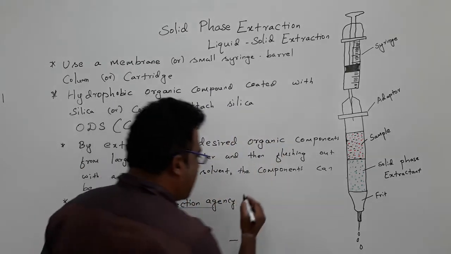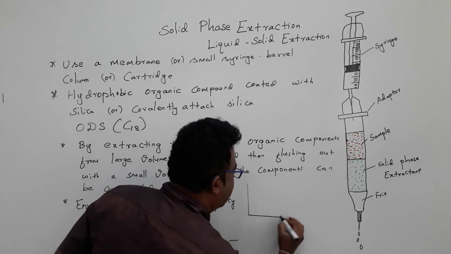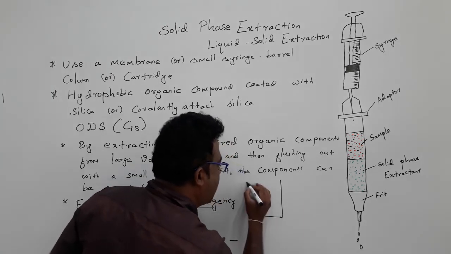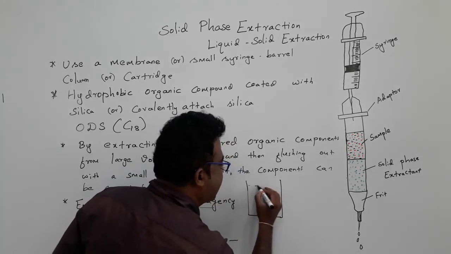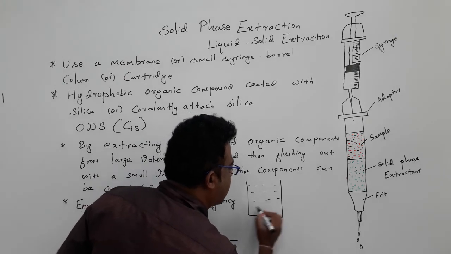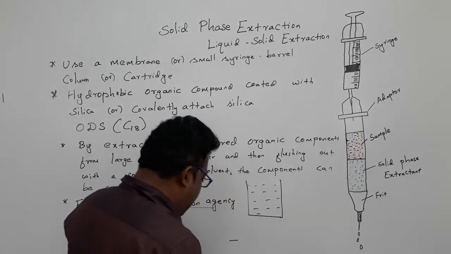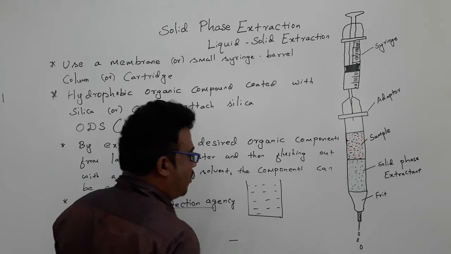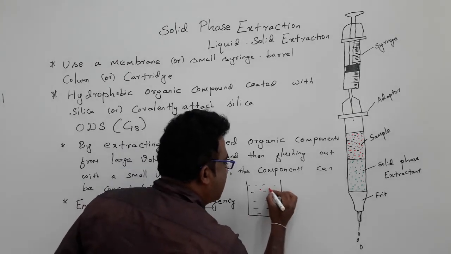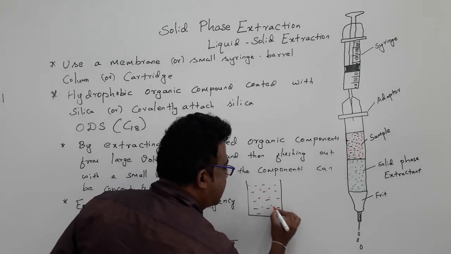You can see a small pictorial diagram. You have a small sample of drinking water, with a trace amount of organic components which can't be seen in the analysis.